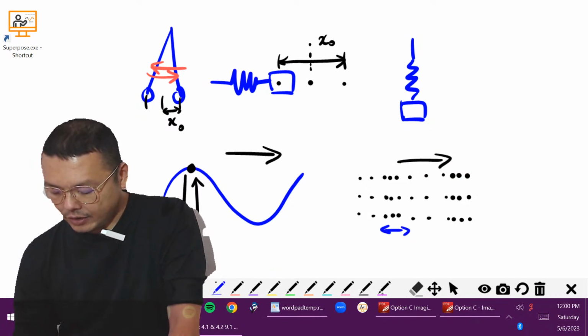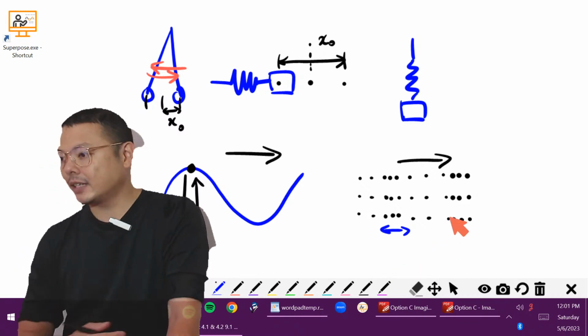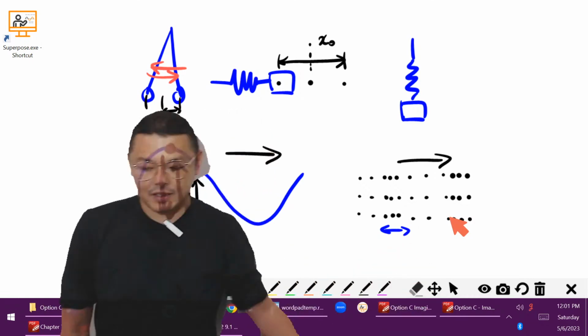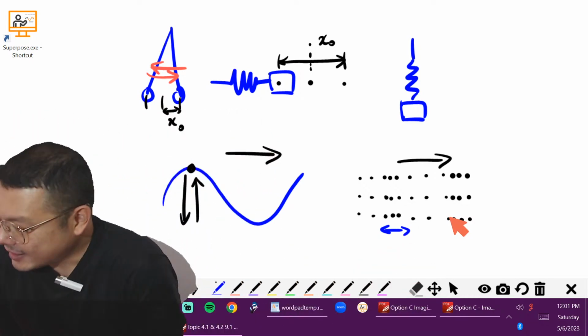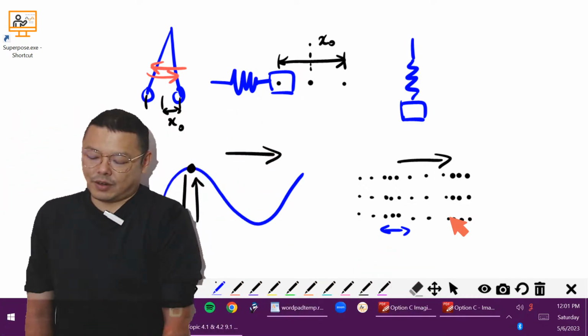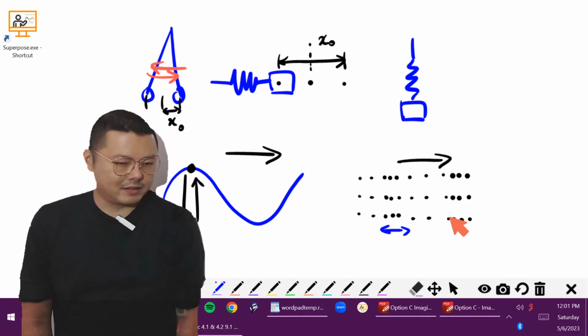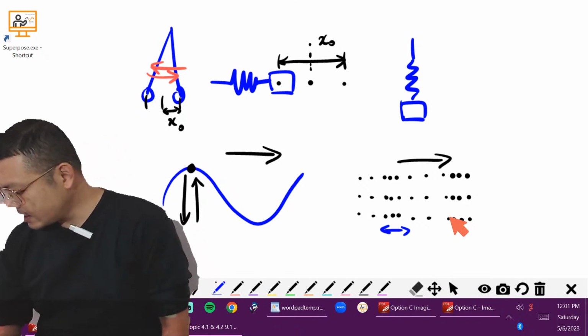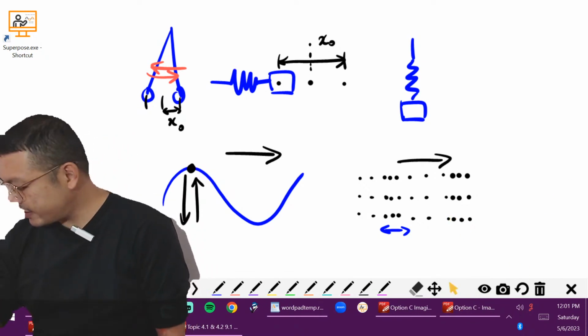The particles are doing SHM also, going back and forth like this. You got it? Learn how to draw a longitudinal wave. This is how it looks like. Strangely enough, compressions and rarefactions. Very good.